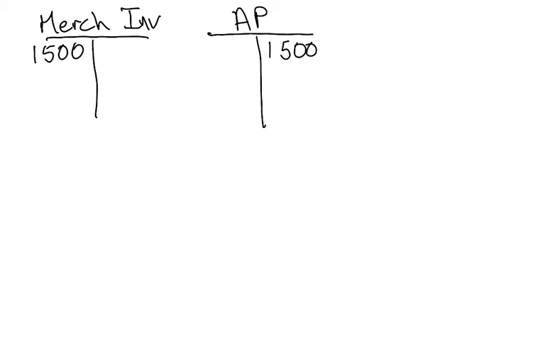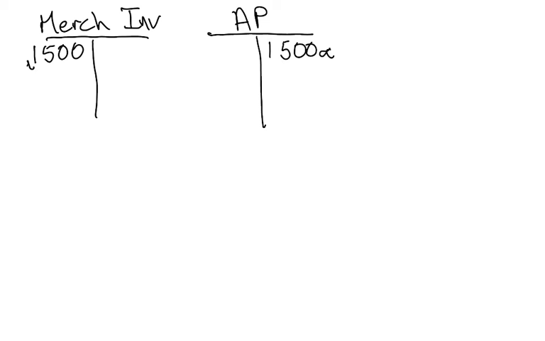Now I will say something here. I'm going to put letters here. I like to every now and then put an A or a 1 beside my entries, just so I know, oh, these two transactions go together. So let me keep on going.